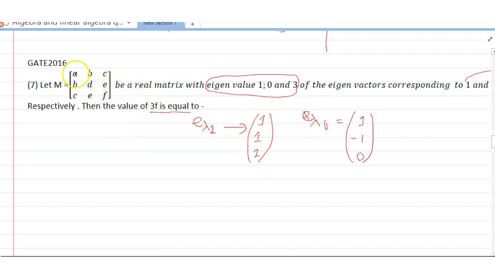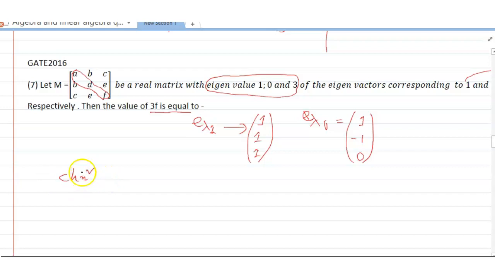You will see, friends, that a + d + f is the trace of the matrix. What is the characteristic equation formula?